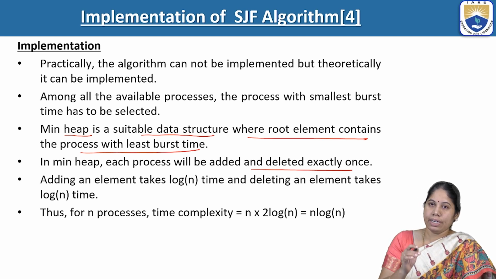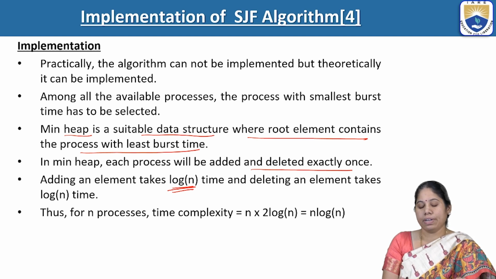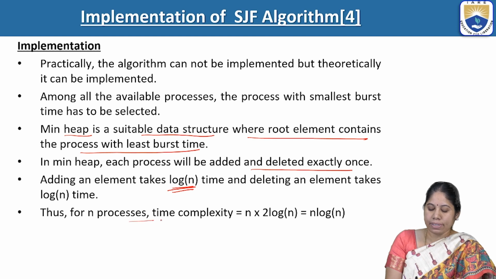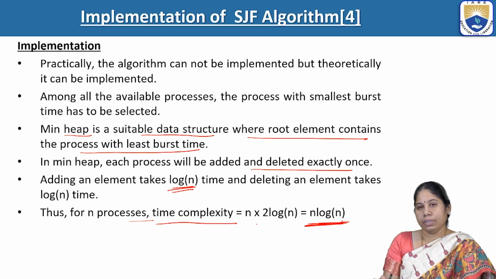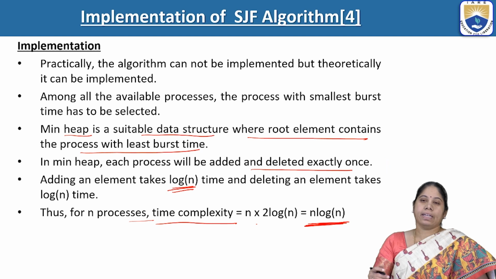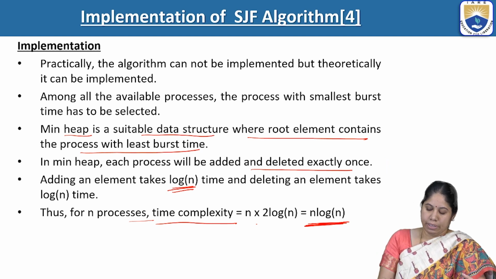For insertion and deletion, it takes log n time for either operation. Thus for n processes, the time complexity is n into 2 log n, which equals n log n. The time complexity of adding and deleting elements in the heap data structure is n log n.